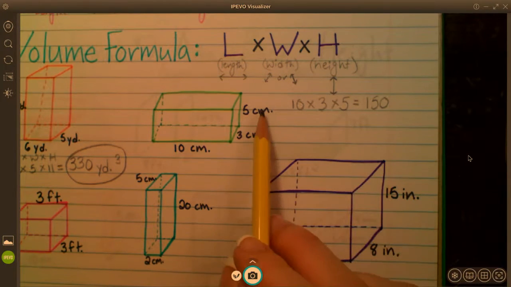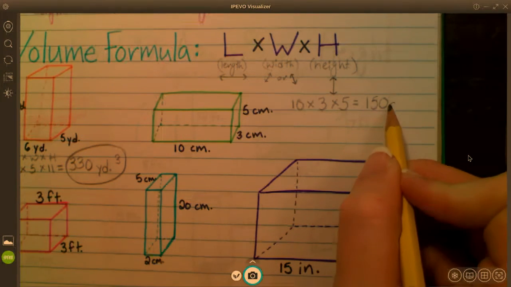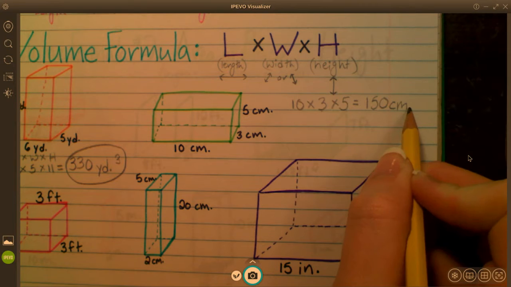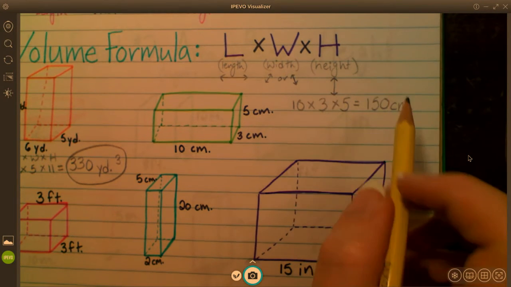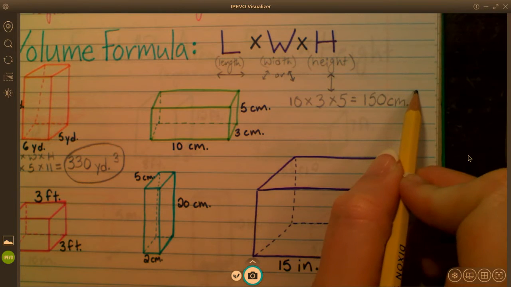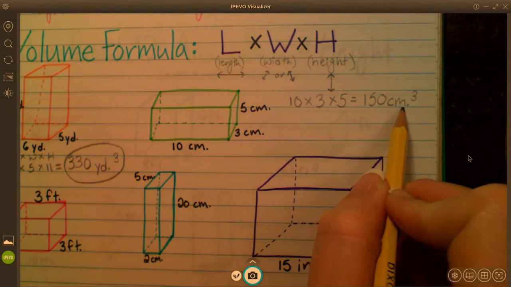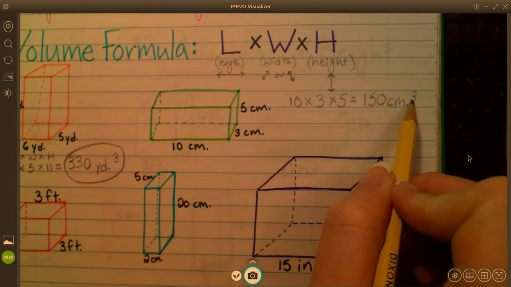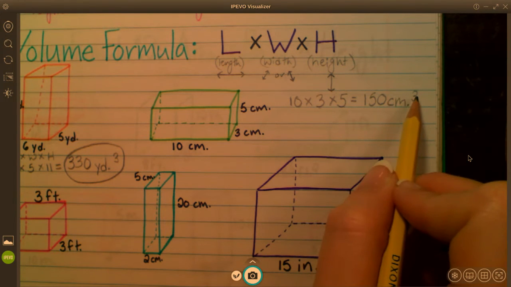The unit they give me is centimeters. Centimeter, centimeter, centimeter. And since we are finding the volume of a 3D object, I need to show that with my unit. So I'm putting a 3. So 150 centimeters cubed, or 150 centimeters to the 3rd power.